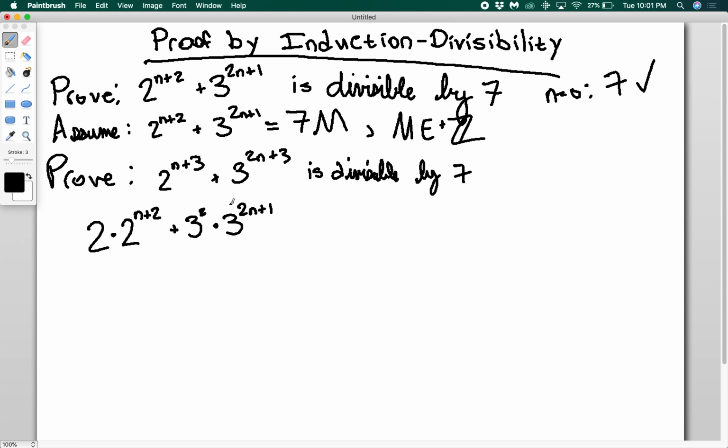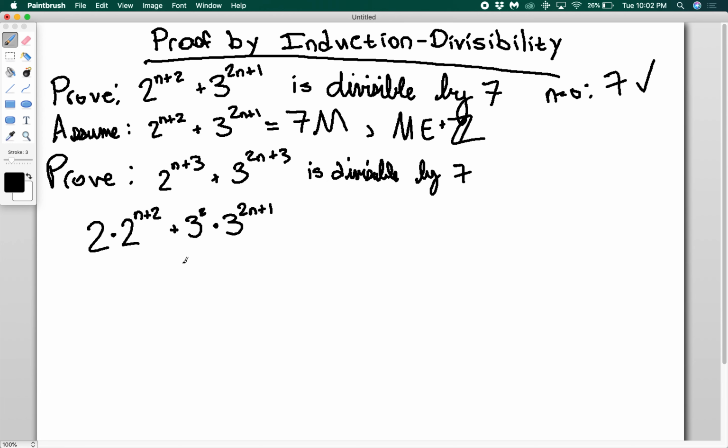I rewrote it this way because it looks a lot more like my assumption statement, so maybe I can make a substitution. If you're unsure of how I did this, think back to exponent rules. When you multiply two exponents that have the same base, you add their powers together. So to split them up, I just subtract. I had a 3 here, and now I took out a 2, and now I'm left with 1.